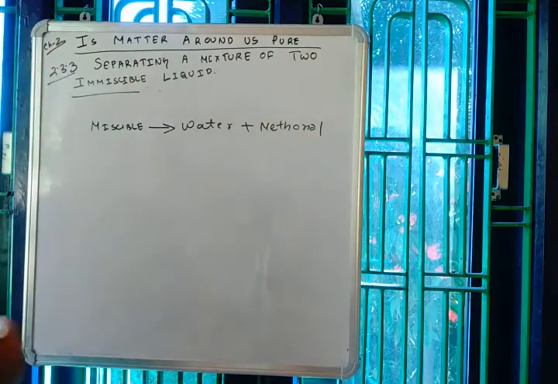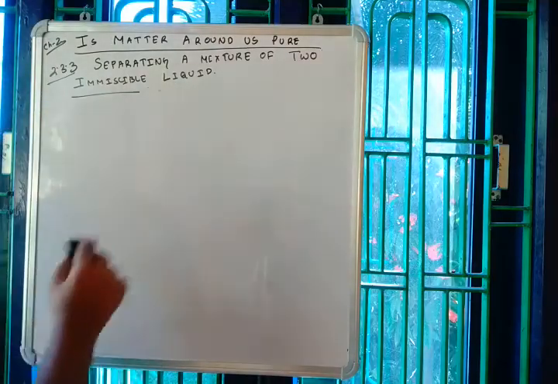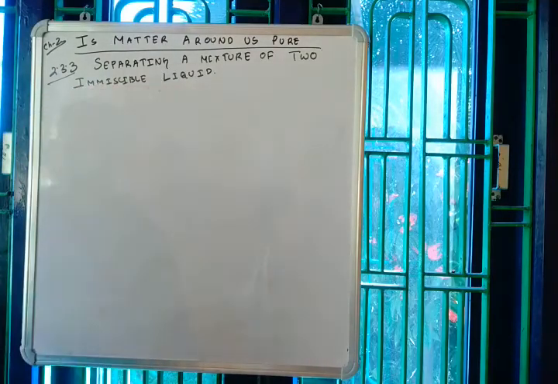These are all examples of miscible liquids. So this unit is actually on how we can separate the components of a mixture of two immiscible liquids.